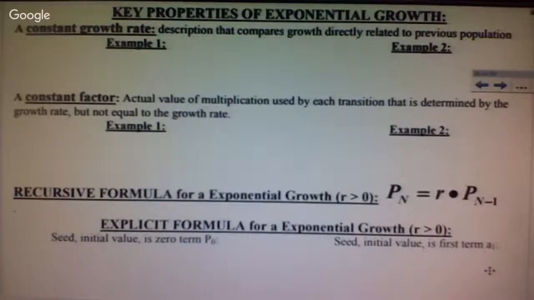Okay, so let's talk about the difference between a constant growth rate and a constant factor. A constant growth rate is a description of what's happening.